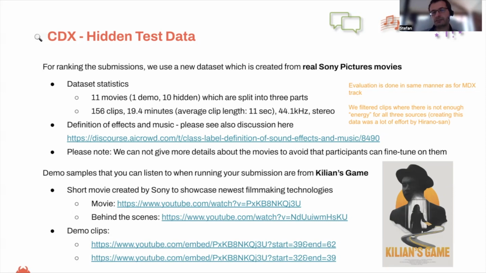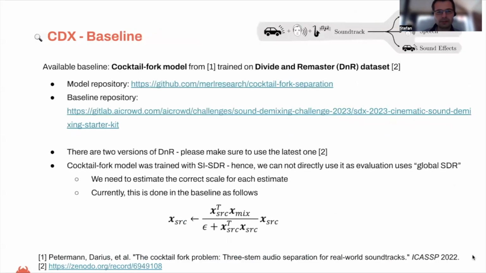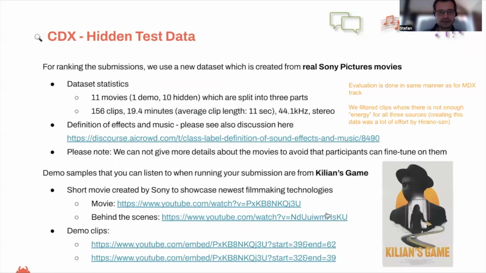So an average clip has a length of 11 seconds. And they come in 44.1 kilohertz, which is the same format as the Divide and Remix dataset, and are in stereo, so 2 channels.